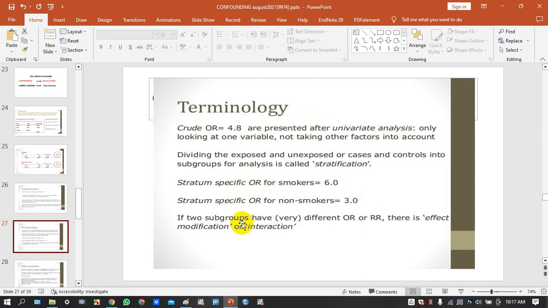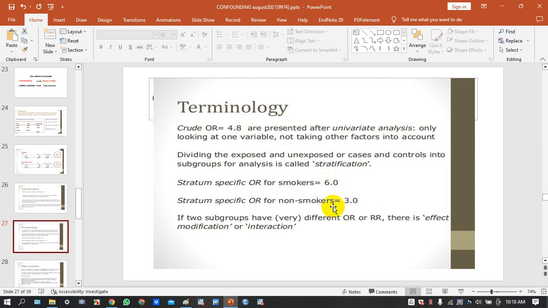If two subgroups have different odds ratios, there is effect modification or interaction. Because smoking is increasing the effect over here. It's not the oral contraceptive that increases the likelihood of getting myocardial infarction, it's the smoking.